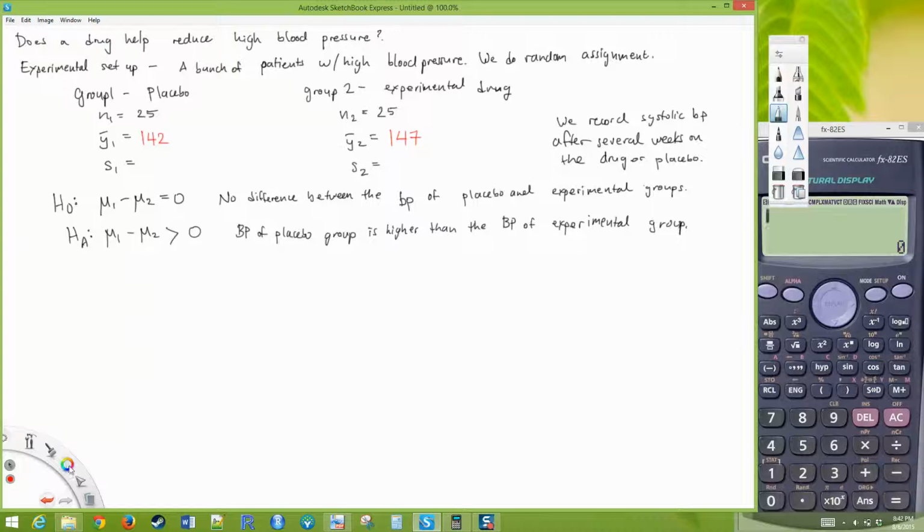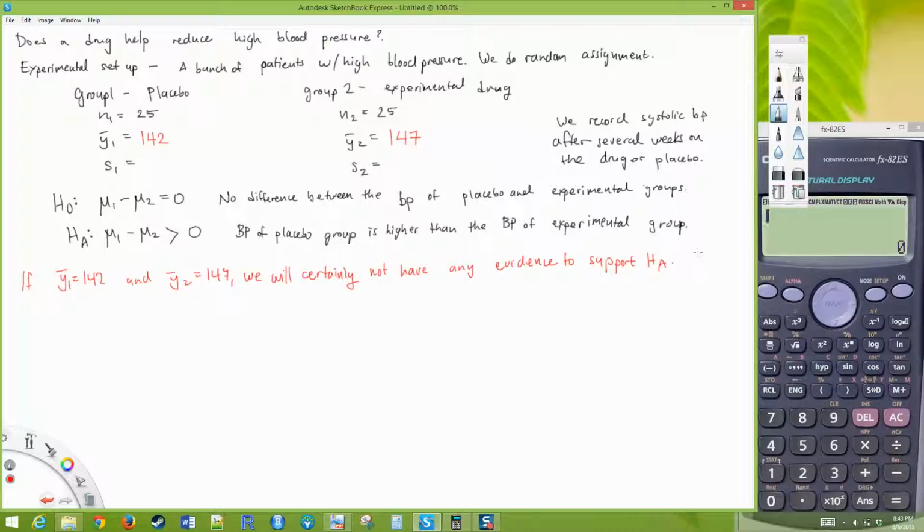If y bar 1 is equal to 142 and y bar 2 is equal to 147, we will certainly not have any evidence to support the alternative, okay?